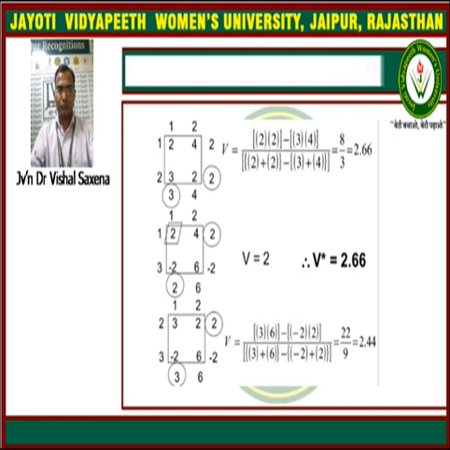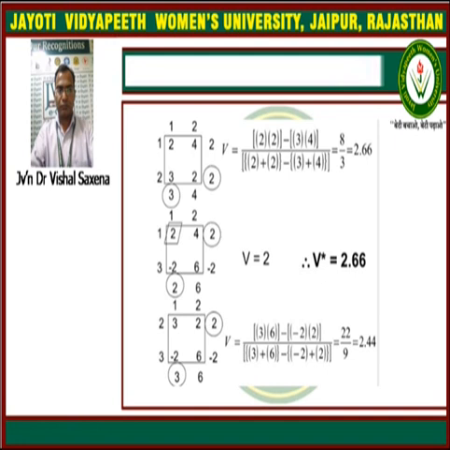And for the second sub game, we have seen in the previous slide that it is the game with the saddle point, and the value is already obtained as 2. And for the third game, the value can be determined by the same procedure, by the formula: 3 into 6 minus 2 into 2, divided by 3 plus 6 minus minus 2 plus 2, and that is equal to 2.44.